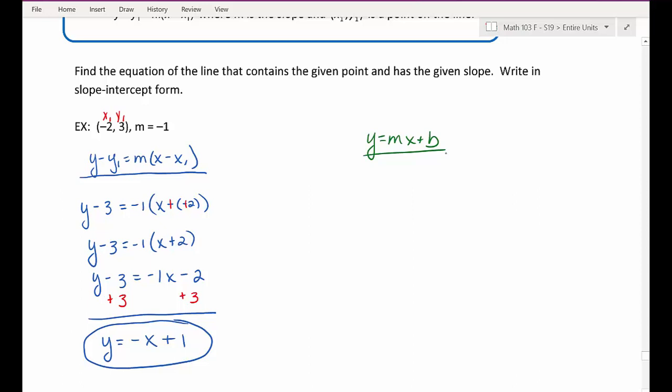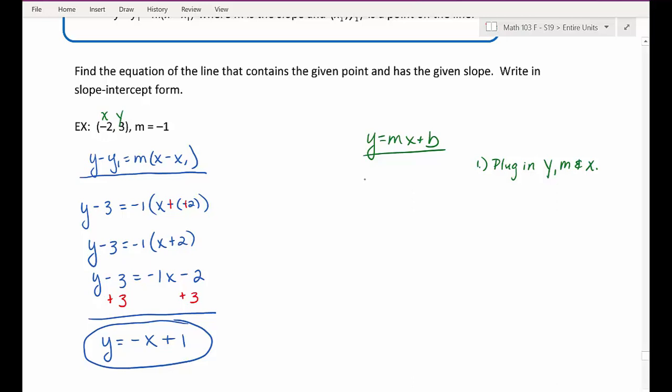This process has a couple steps to it. The first thing we want to do is plug in y, m, and x. Our x and y are the x and y from our given point. And then our m was given as well.